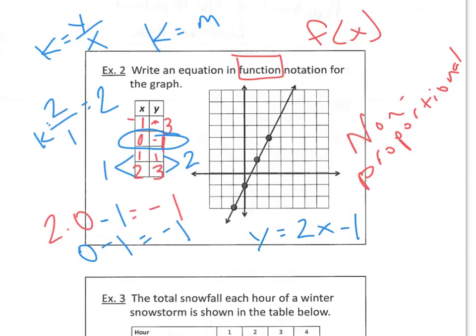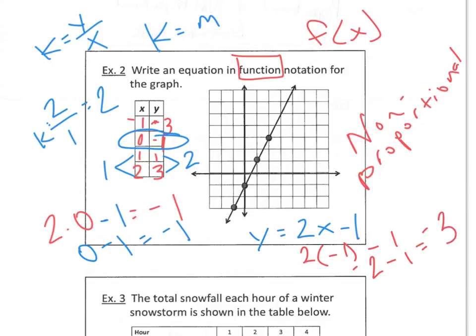So for example, if I wanted to plug in x for -1, I would do 2 times -1, which would give me -2, and then -2 minus 1 would give me -3. Let me write that in so you see what I'm saying. 2 times -1 minus 1 gives me -2 minus 1, which equals -3.